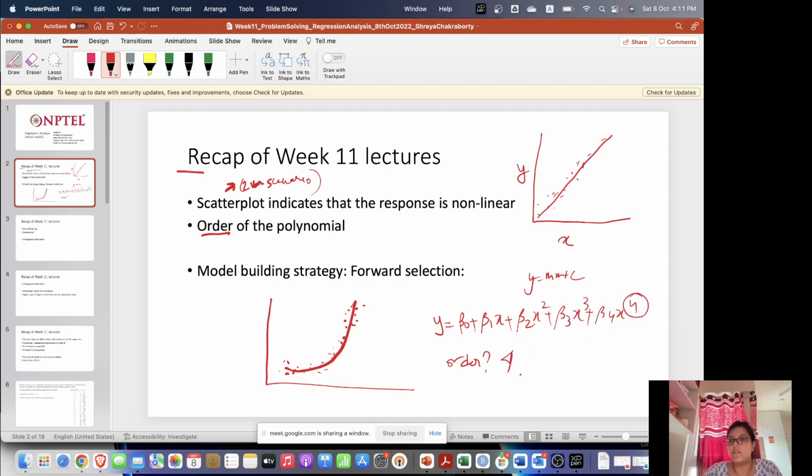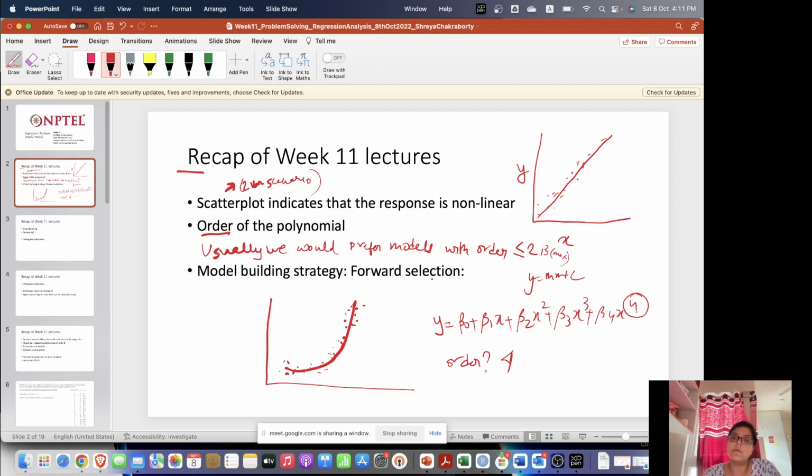This is 4. But usually we would prefer models with order less than equal to 2 or 3 max, because we don't want to make our models very complicated.